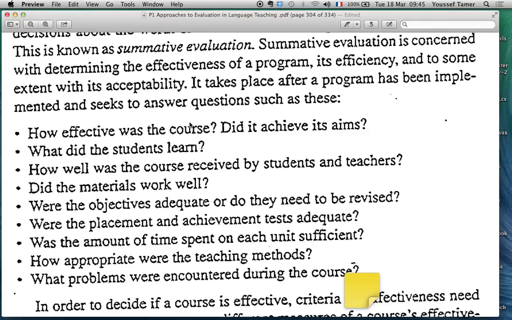Were the objectives adequate or do they need to be revised? Were the placement and achievement tests adequate? Was the amount of time spent on each unit sufficient? I think these things don't need any explanations because they explain themselves, right?